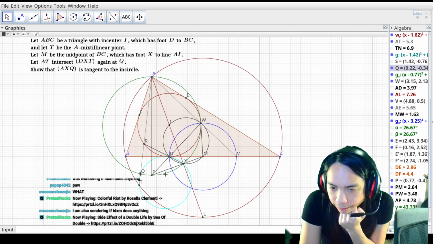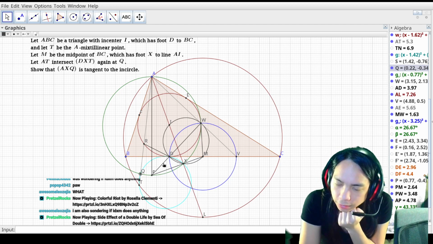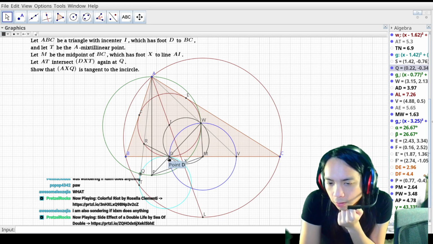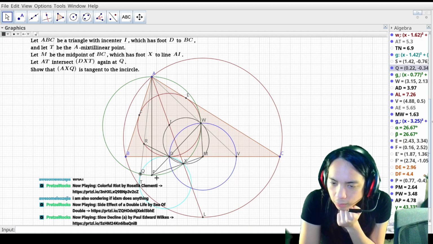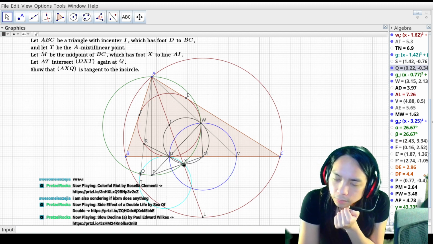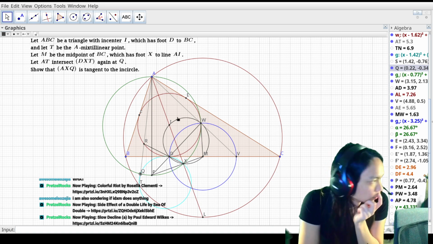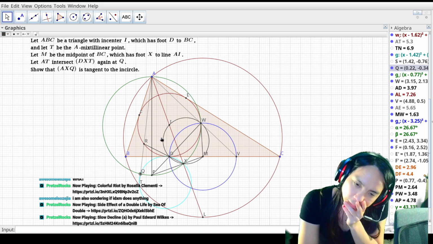Like, for example, angle RDQ, or something like this? I don't know. I have to tilt my head a little.